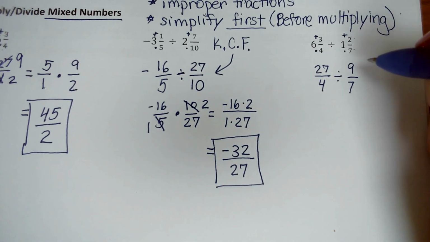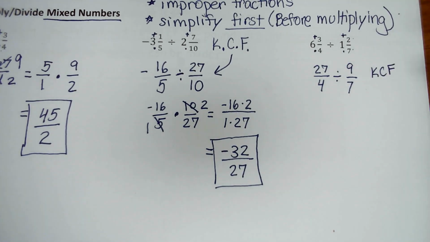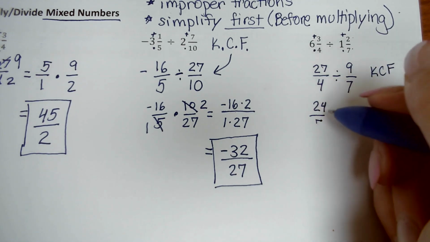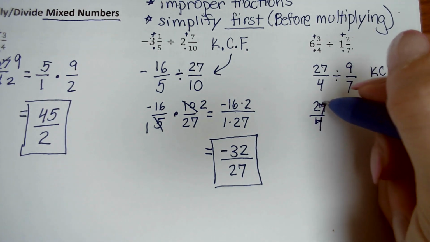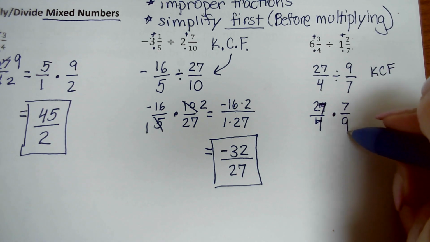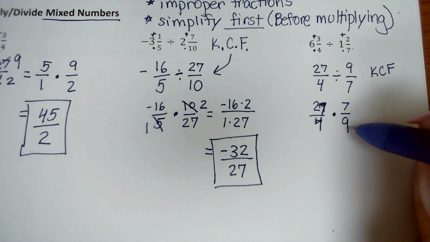So now we've set up our improper fractions. Next step is KCF. So we keep the first fraction, 27 over 4, be careful, times 7 over 9.